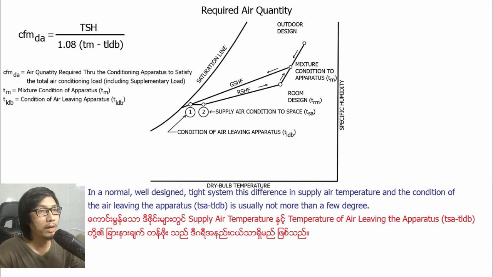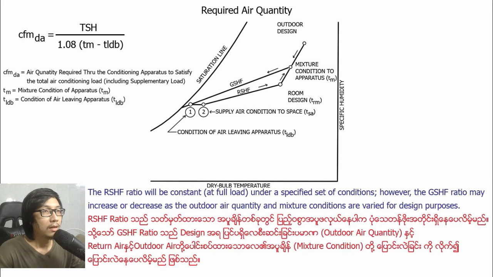In a normal well designed tight system, this difference between the supply air temperature and the condition of the air leaving the apparatus is usually not more than a few degrees. The room sensible heat factor ratio will be constant at full load under a specific set of conditions.